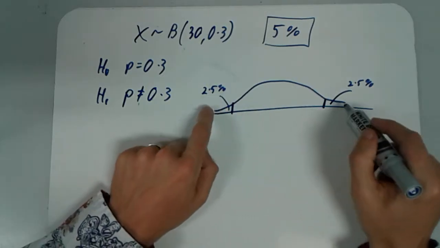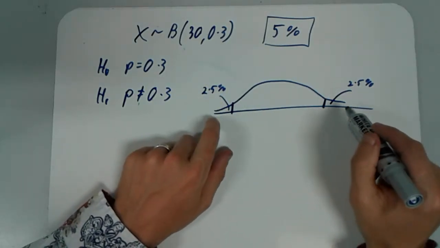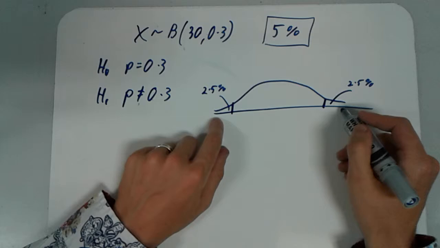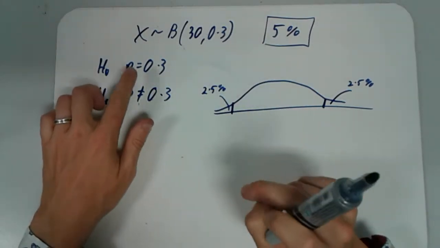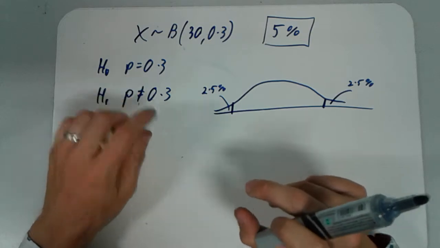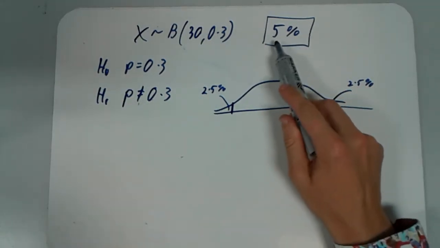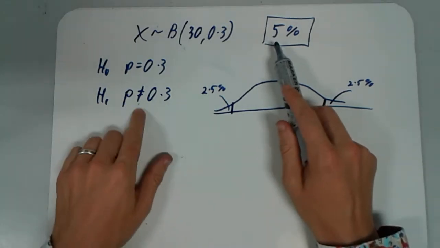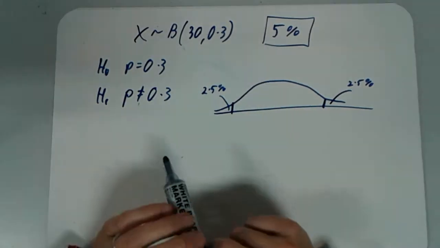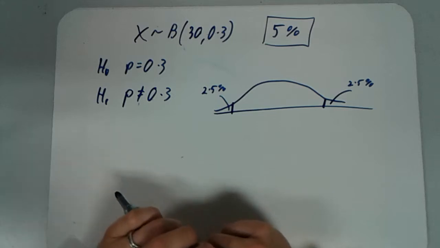There is a 2.5% chance I will fall into either one of these critical regions, so overall a 5% chance I will reject the wrong hypothesis. That's just a chance we have to take. If we reduce the significance level, it makes it harder to get a positive result, but we can be more certain of that positive result.